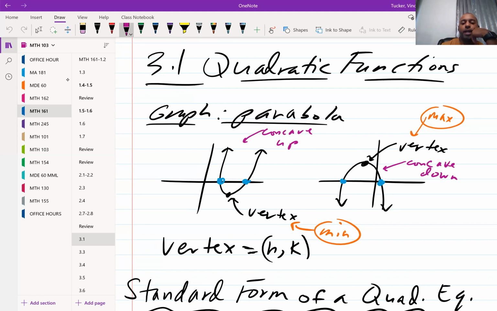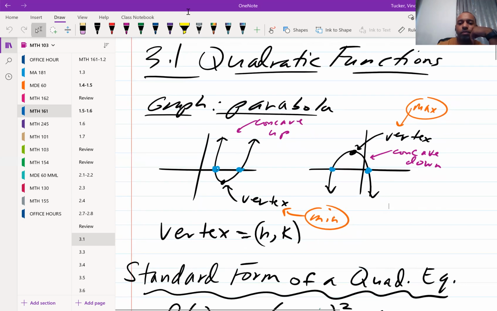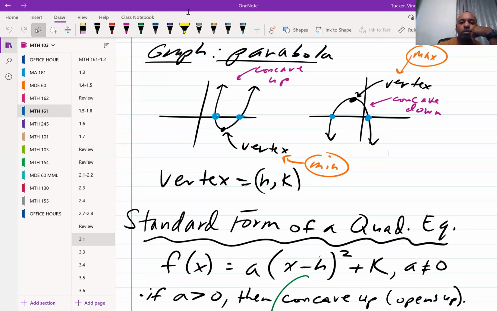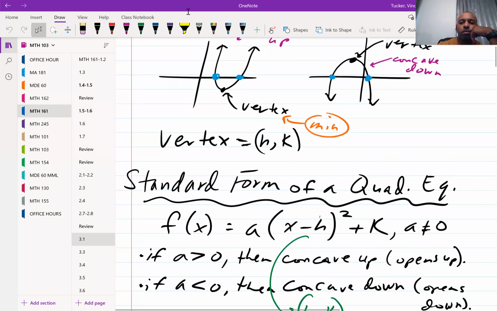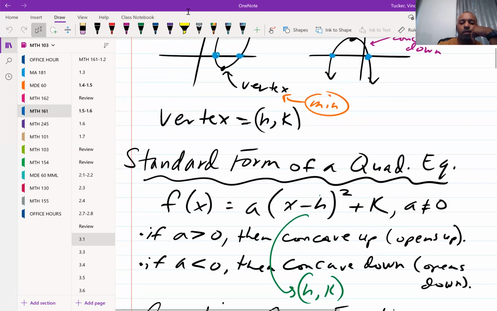The coordinates of your vertex will always be (h, k).